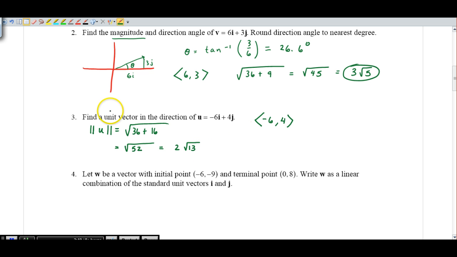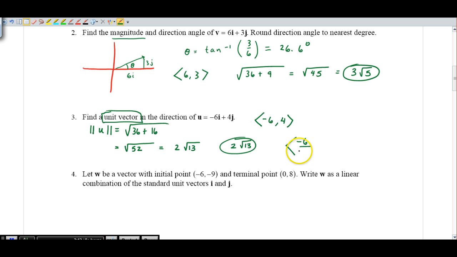Now, the unit vector in the same direction is equal to 2 times the square root of 13 divided into each one of these components. So I'm going to take this and divide it into negative 6.